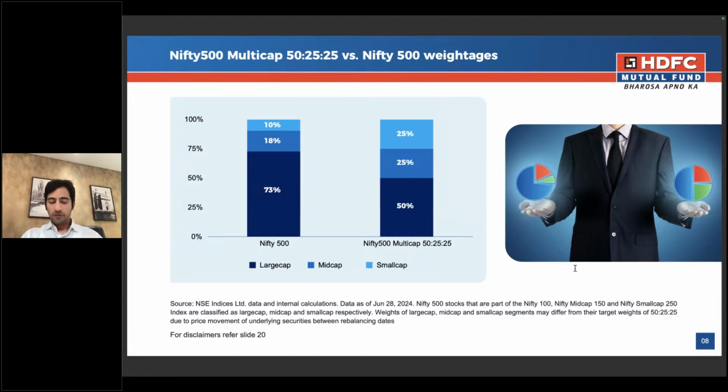So if you are an investor who generally wants large cap exposure, that's fine, but what we wanted to bring to the market is an alternative weighting mechanism.